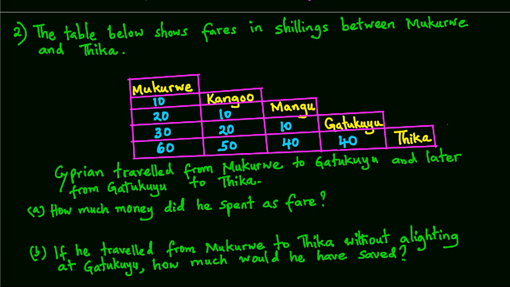So Cyprian traveled from Mukuru to Gatukuyu and later from Gatukuyu to Thika. How much money did he spend as fare?